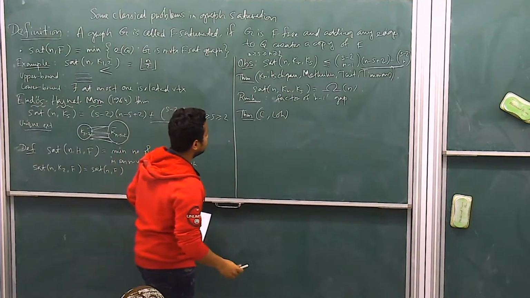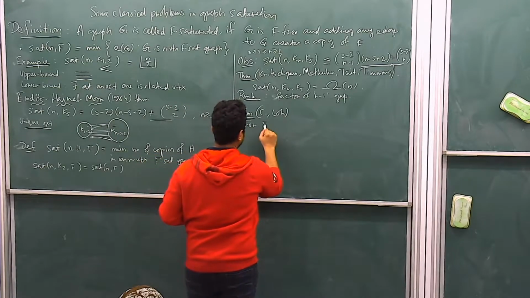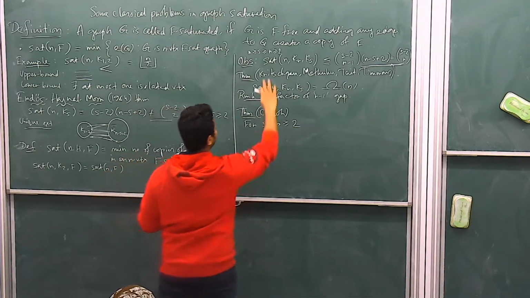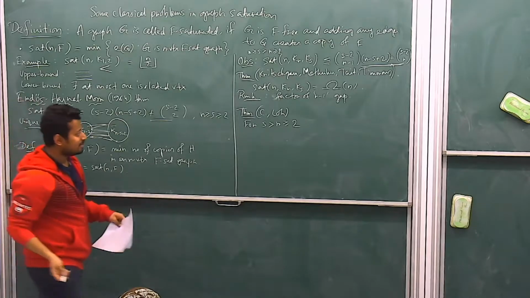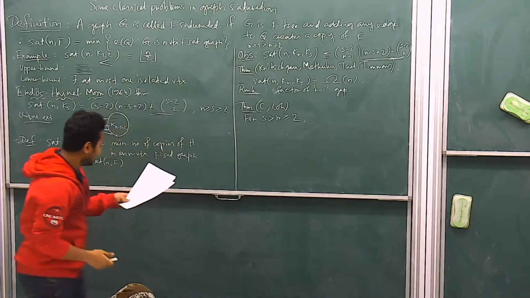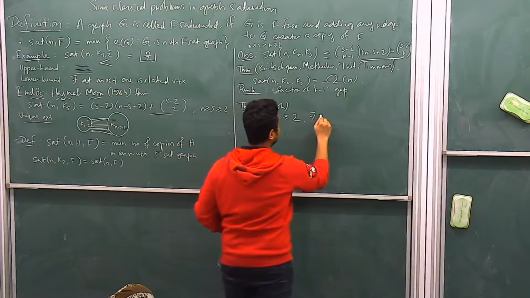I guess this is s greater than r because when it's K_s saturated, the number of copies of K_s is 0. So for this, there exists a constant.